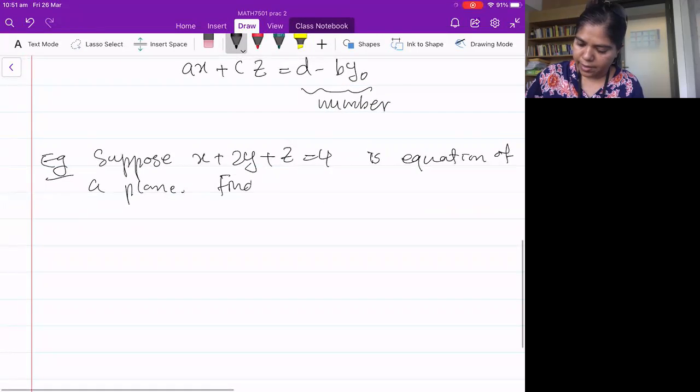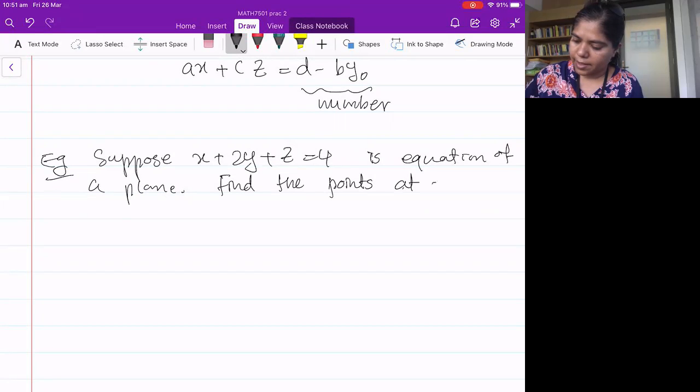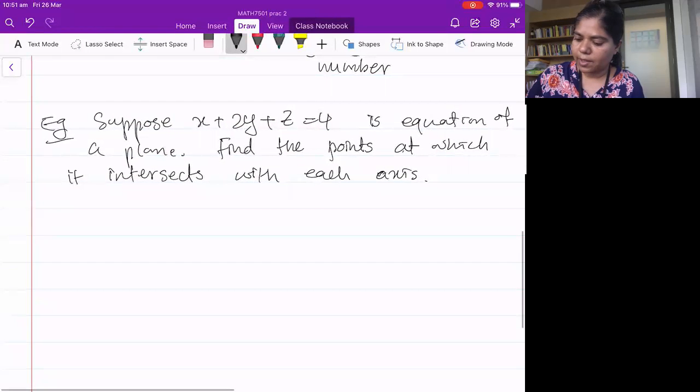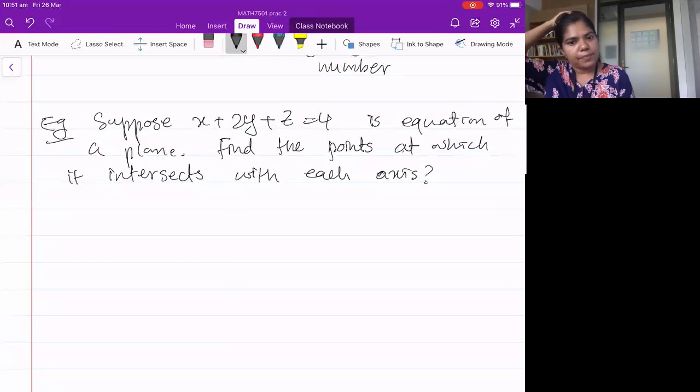Find the points at which it intersects with each axis. Okay? How would we do this one? The axis intersection is when the other coordinates are 0.